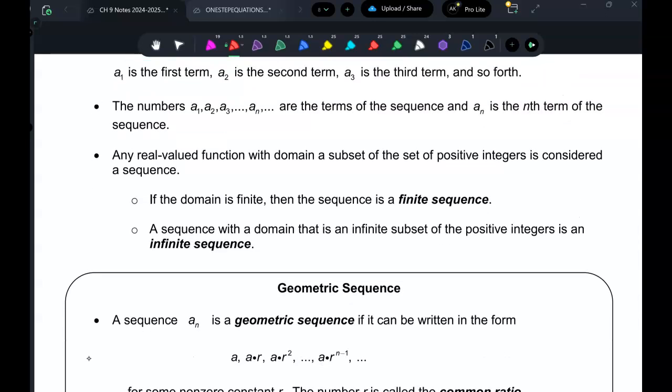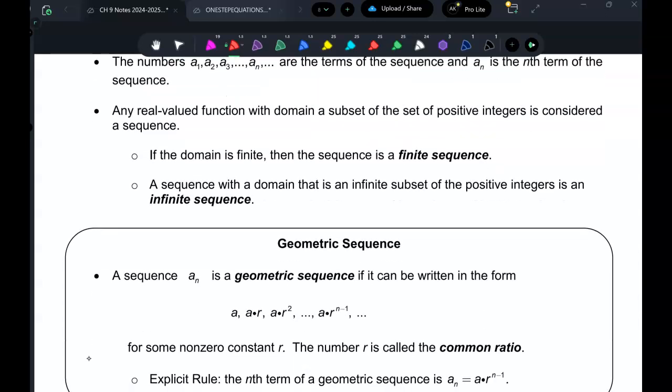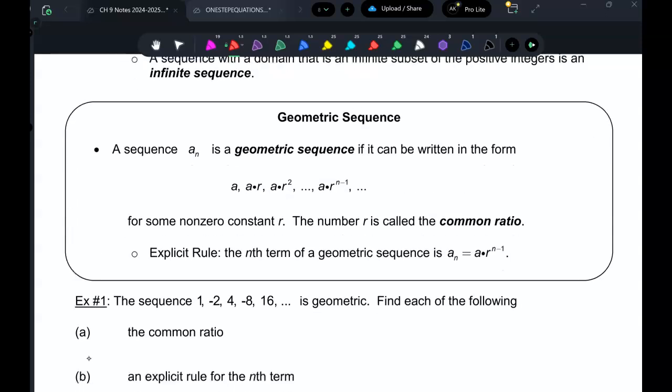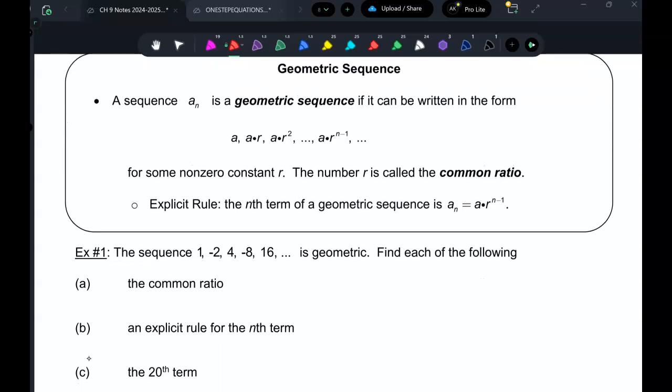We will look at finite sequences and infinite sequences. That just means the domain is finite or infinite. We'll start off with geometric sequences, which hopefully looks familiar. What does it mean to be geometric? It has a common ratio, which is r.